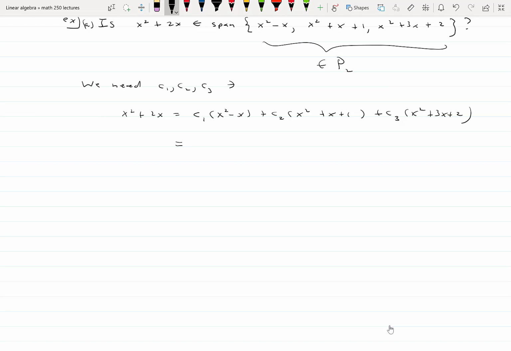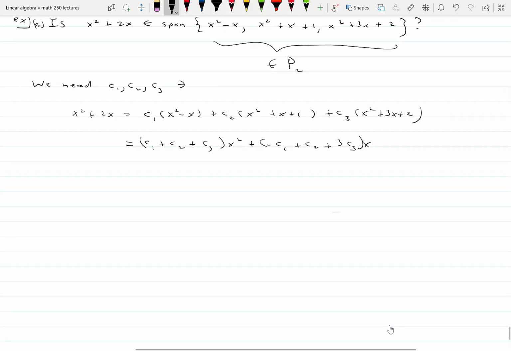Let's gather powers of x. This means c1 times x squared plus c2 times x squared plus c3 times x squared. Now gather the powers of x together. x is the first. So plus negative c1 plus c2 plus 3c3. That's the coefficient of x.